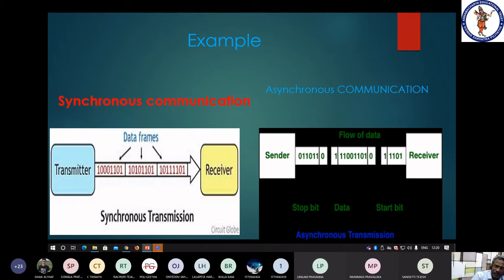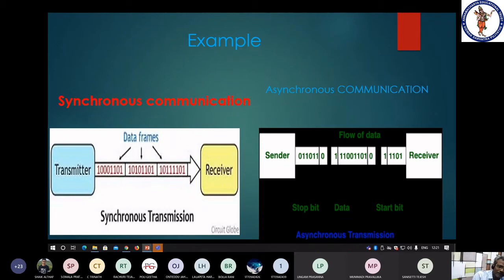But in case of synchronous communication, we have a group of signal lines. Suppose the receiver receives 8 bits of information at a time. Then we can connect the transmitter to the receiver through 8 signal lines.